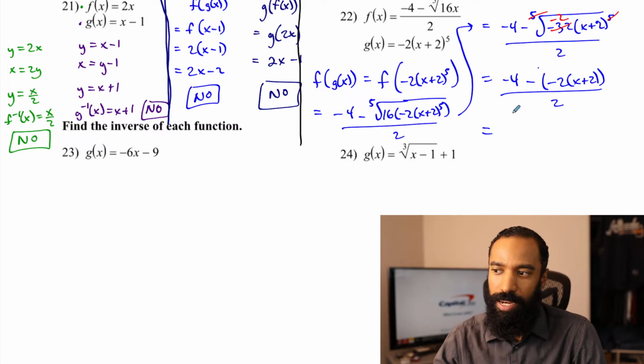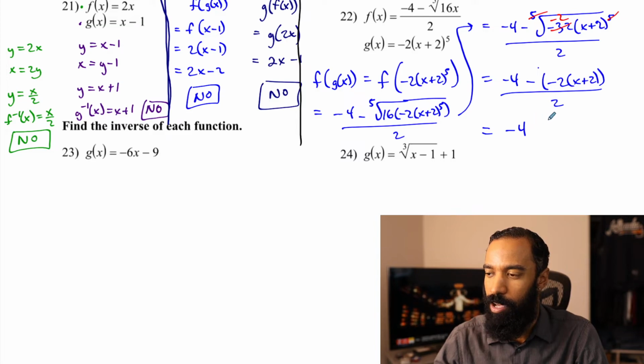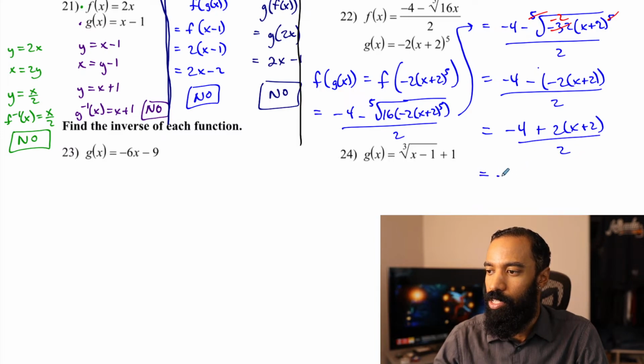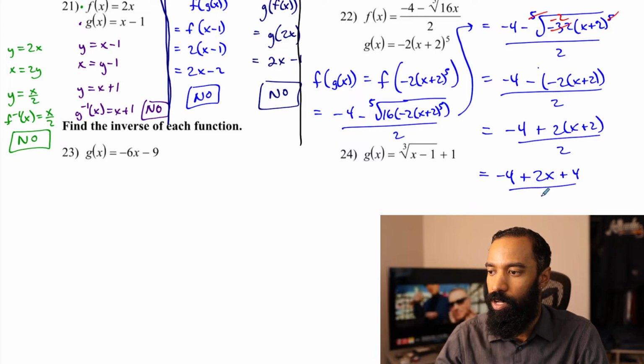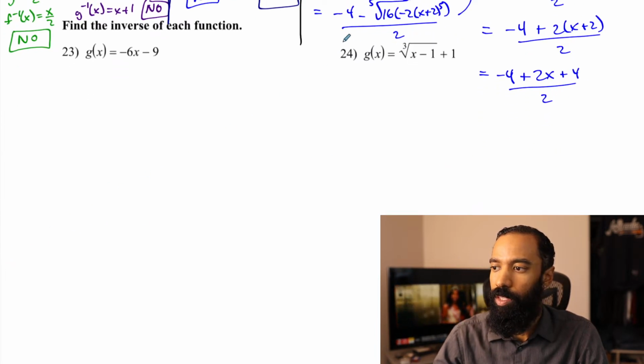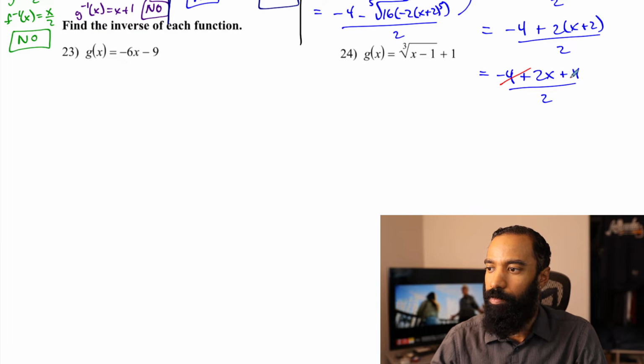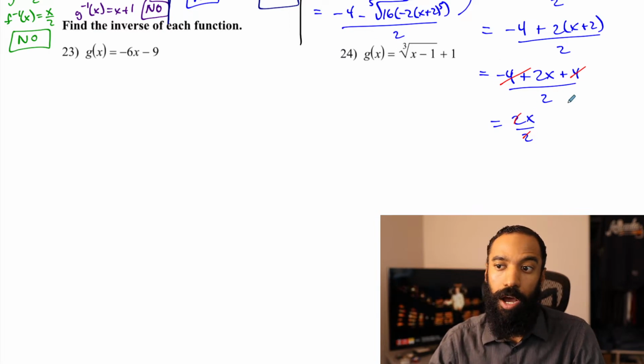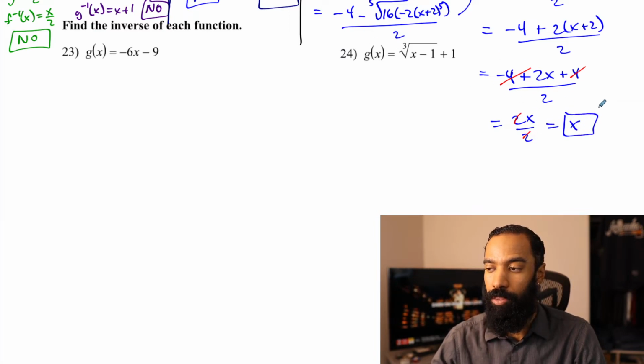I can distribute that negative, but you can also turn this into positive. Negative 4 plus 2 times x plus 2 all over 2, which is negative 4 plus 2x plus 4, distribute, all over 2. Negative 4 plus 4 is 0, and you're left with 2x over 2, and 2x over 2 is x. So it does clean up, and honestly, that was a lot better than the other thing.